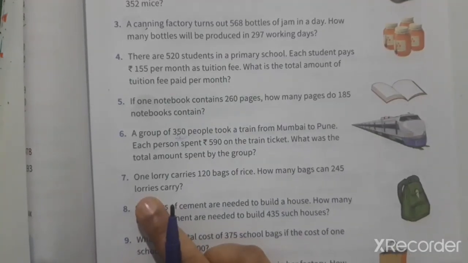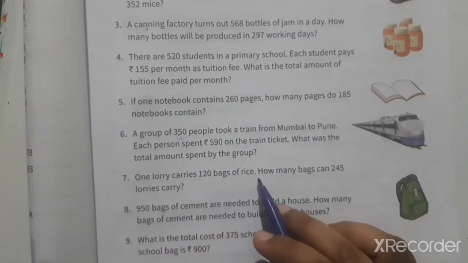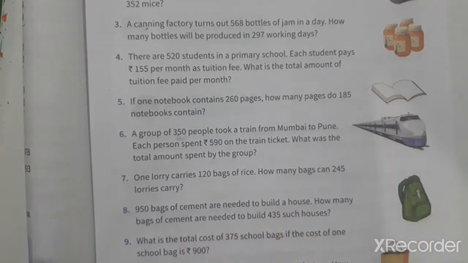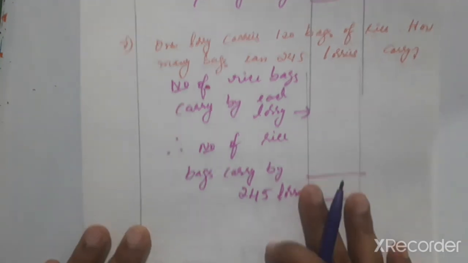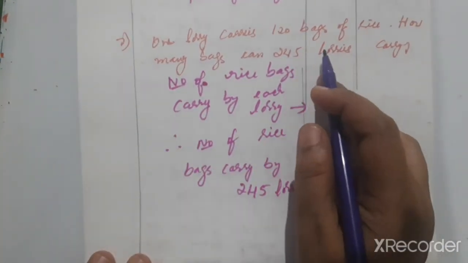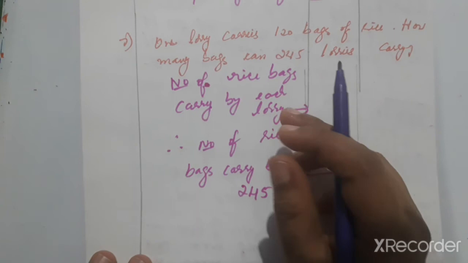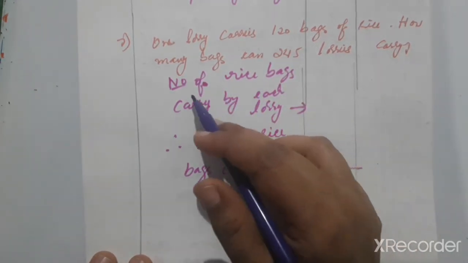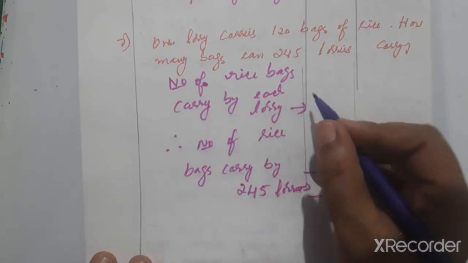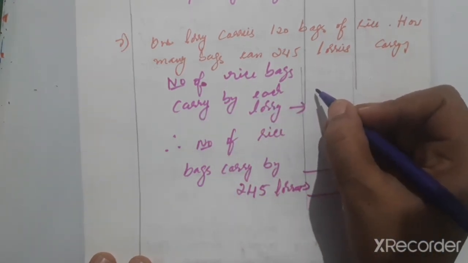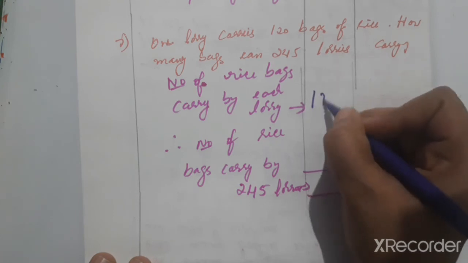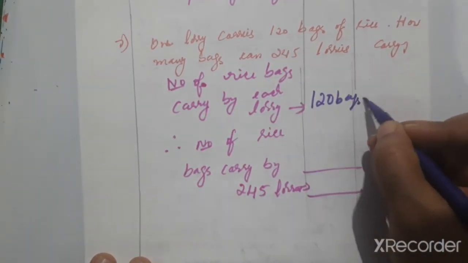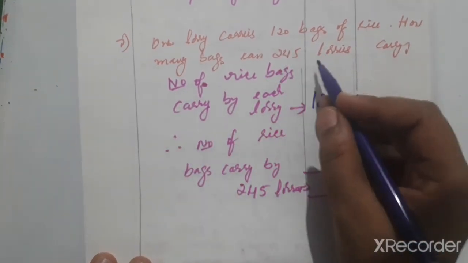Now seventh question. One lorry carries 120 bags of rice. How many bags can 245 lorries carry? So here one lorry carries 120 bags of rice. One lorry's capacity is 120 bags of rice. So number of rice bags carried by each lorry: 120. How many bags can 245 lorries carry?